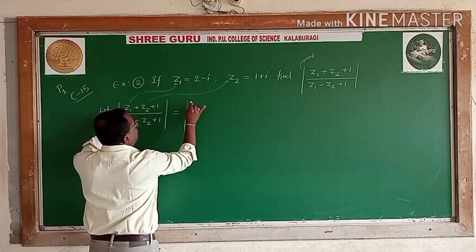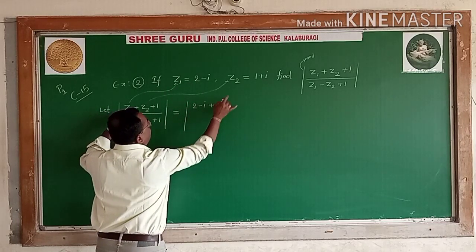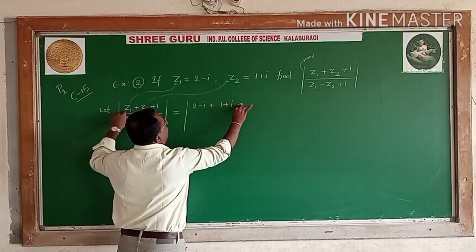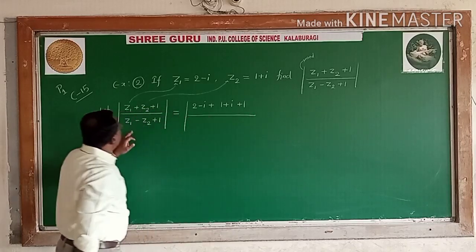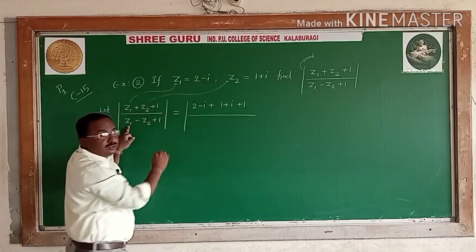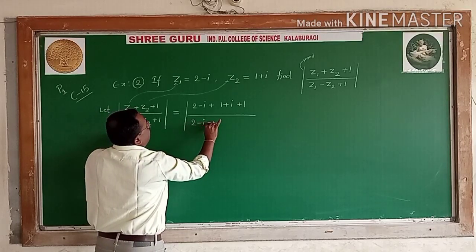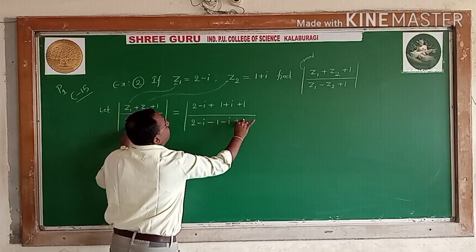Z1 is 2 minus i, plus Z2 which is 1 plus i, plus 1, all divided by Z1, which is 2 minus i, minus Z2, which is minus 1 minus i, plus 1.